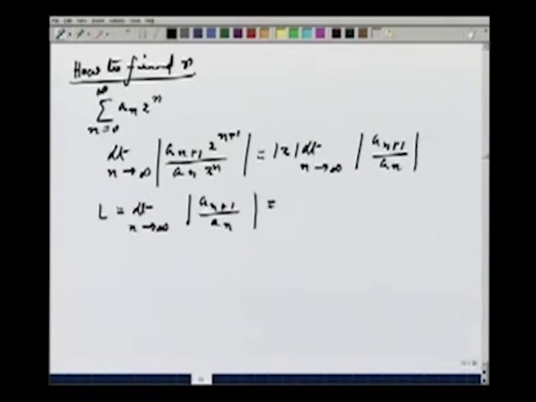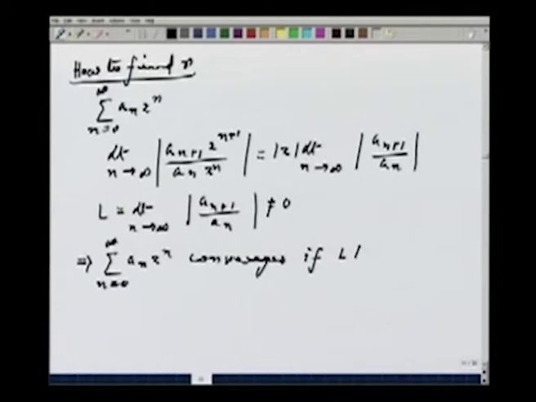Assume that this is non-zero, suppose so, then this implies that summation n from 0 to infinity a n x to the power n converges if L times mod x is strictly less than 1. This is by ratio test, and diverges if L times mod x is strictly bigger than 1.